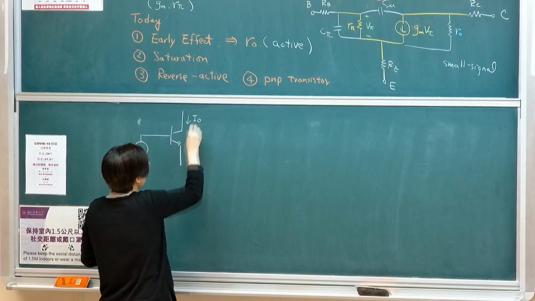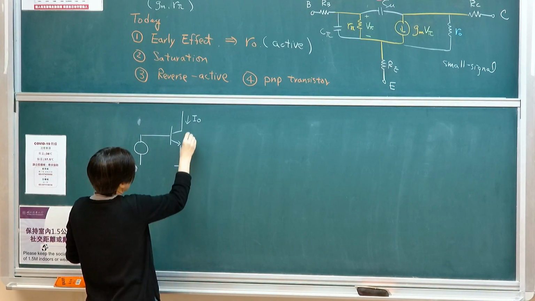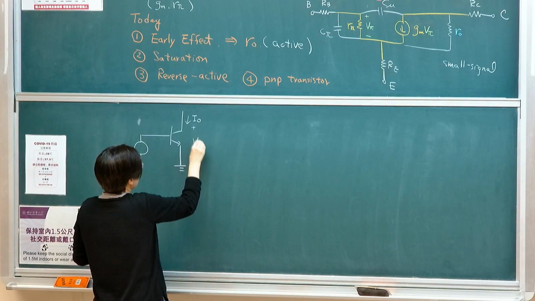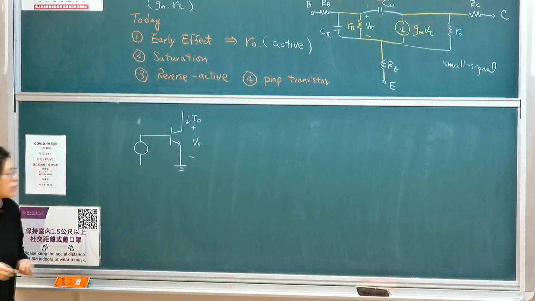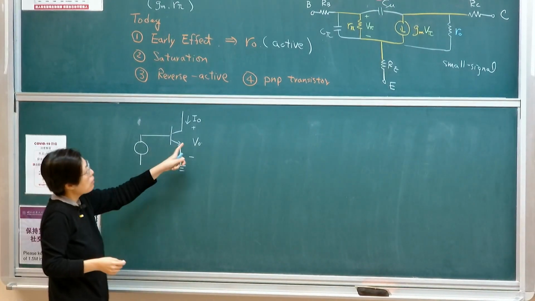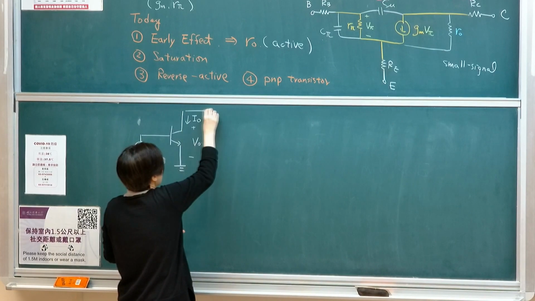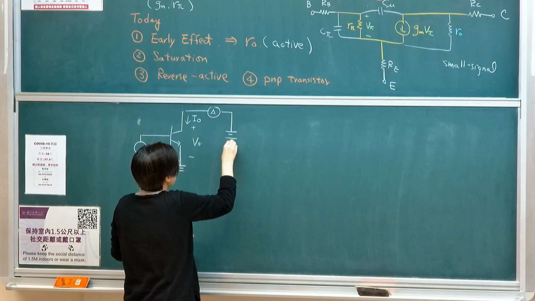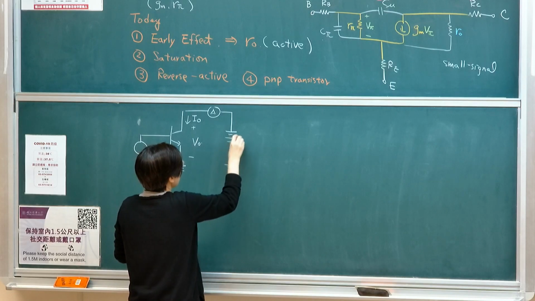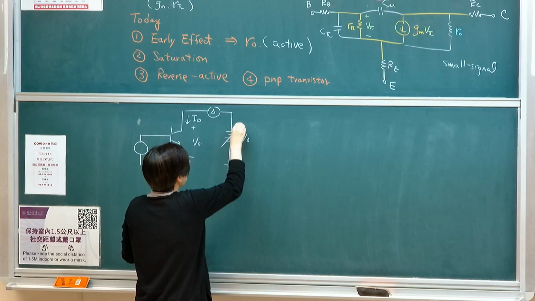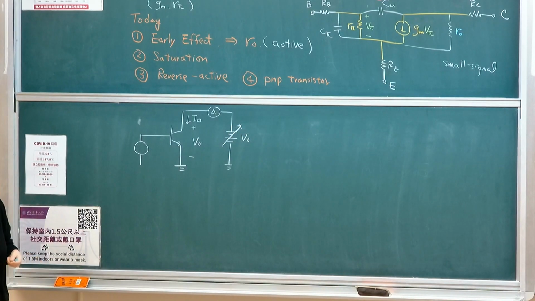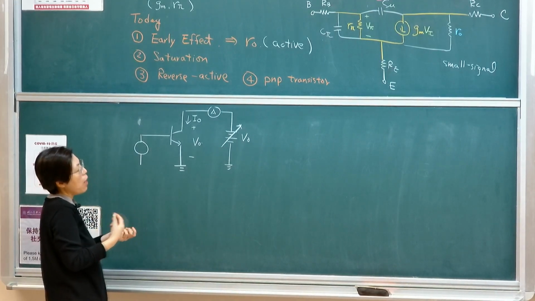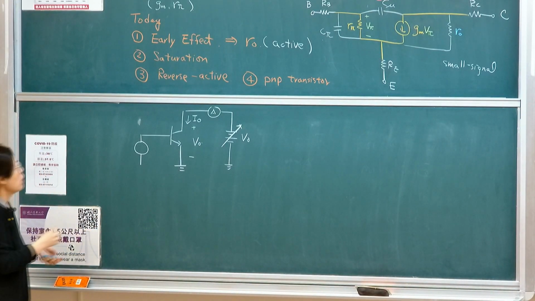If this is my output current, as I said, one of the testing conditions is that you want to look at, if I'm applying different output voltage, what is its corresponding output current characteristic. So this is very important, the output characteristic of a transistor.